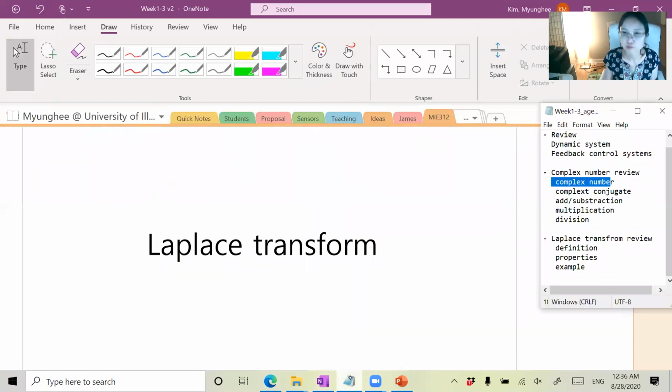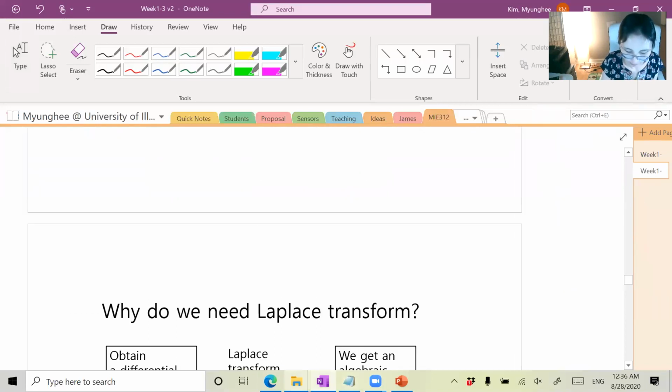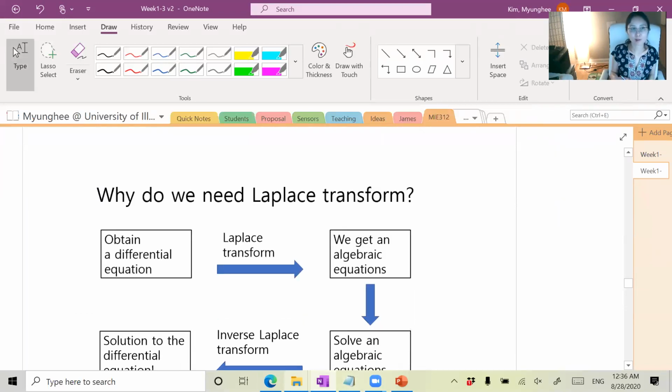So we went through this complex number review very quickly, and then we review the Laplace transform. So let's think about why we need Laplace transform in the beginning. Why don't we use the tool we used for other courses?